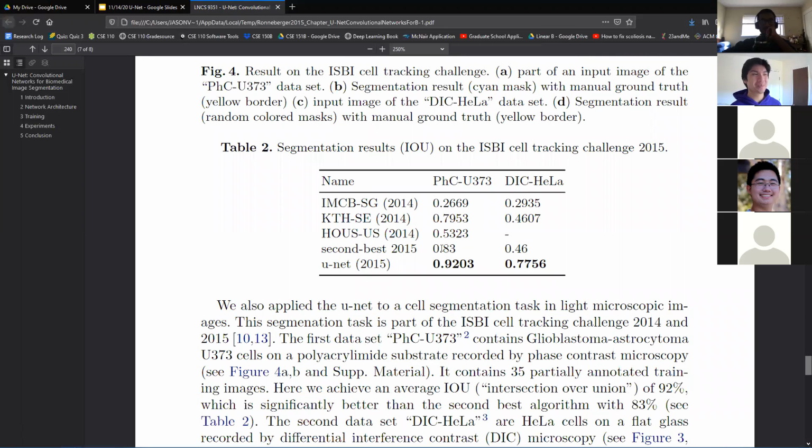But compared to the second best at the time, this is a pretty significant improvement. I think they were the first best, right? Oh really? Yes, they mentioned that in their intro. So this paper came out of the competition, basically. That's a super large improvement.